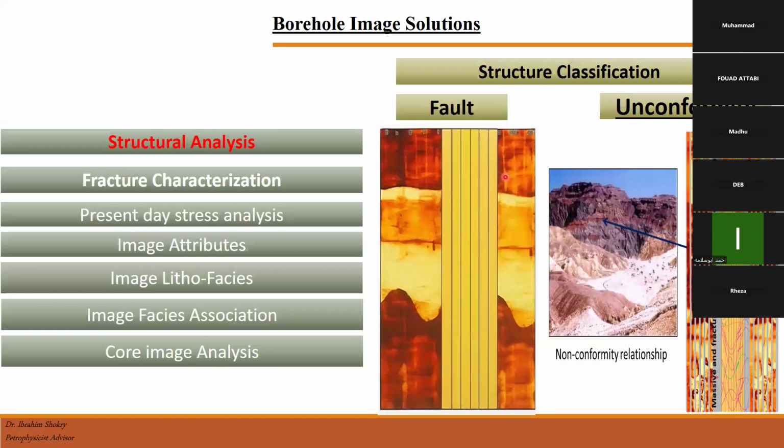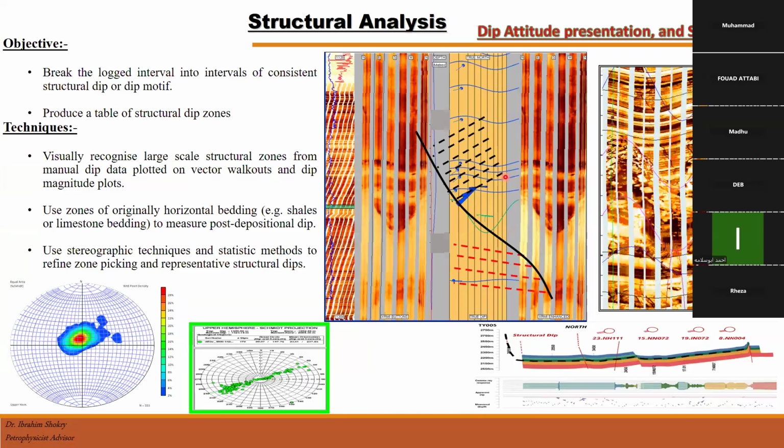So going to the borehole imaging solution, the first one is structural analysis. At the beginning, we are making the structural zonation by identifying the breaks such as faults, and characterizing our well into different segments based on structural dip attitude.